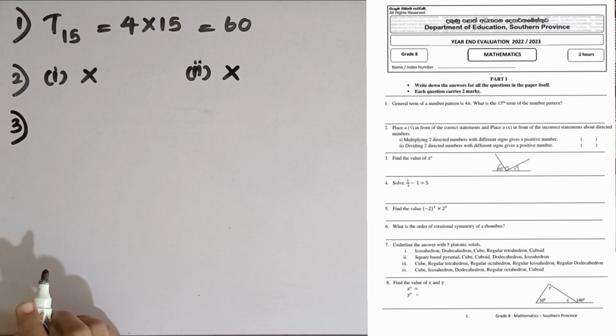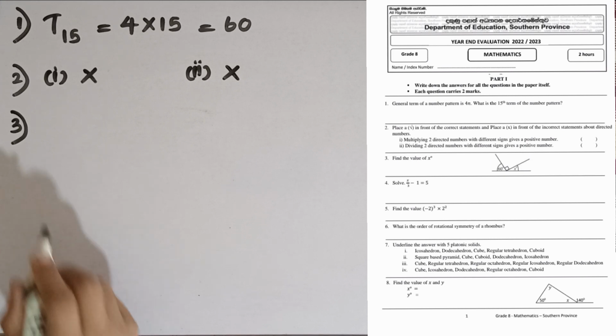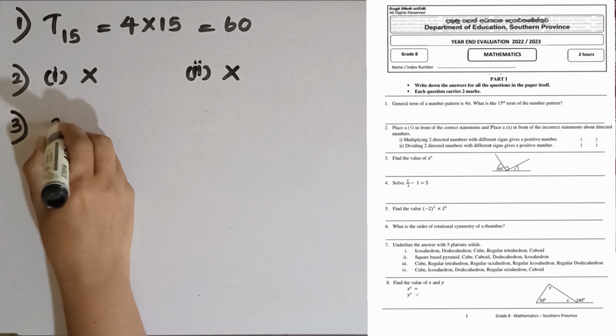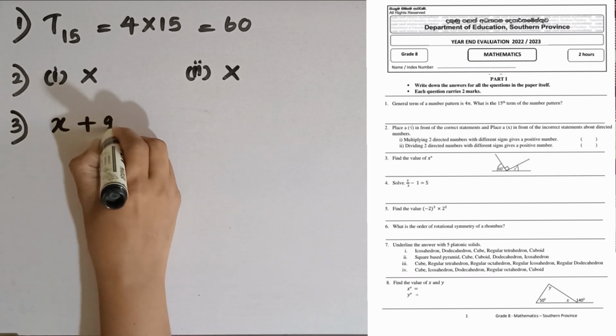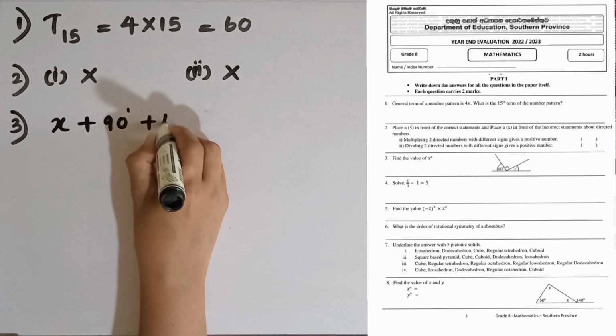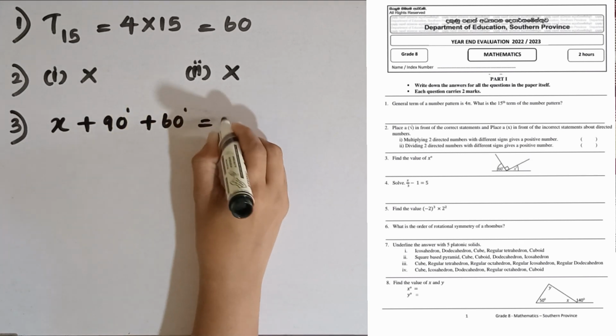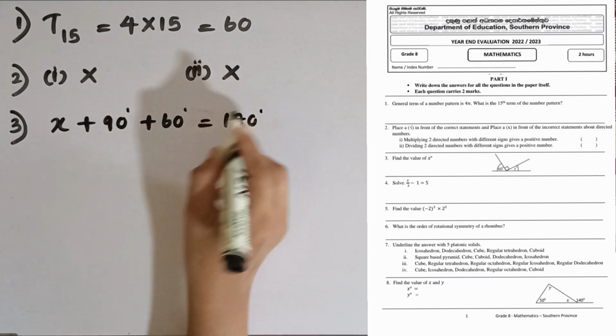Then third question. Find the value of x. Here all the angles x, 90 and 60 are located on a straight line. We know that the sum of the angles on a straight line is 180 degrees. So I can write x plus 90 plus 60 is equal to 180 degrees.